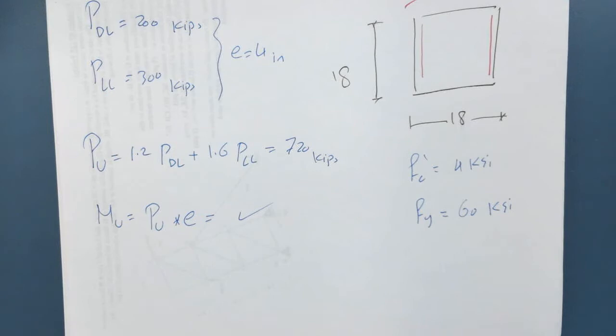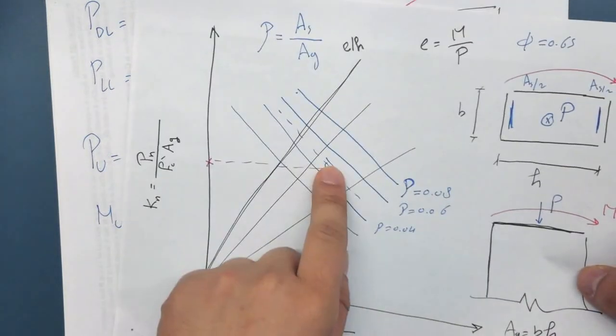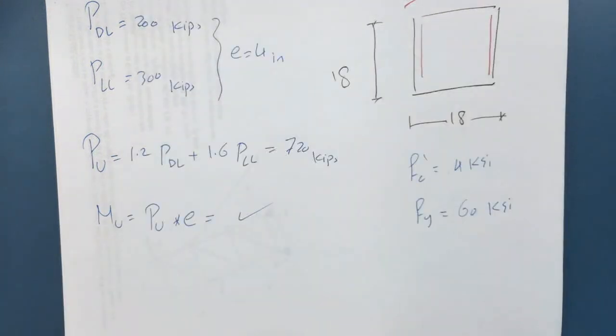And then you can intersect here, find by interpolation the value of rho, which is going to be roughly 5%. Or if you don't like this, if you want to use the traditional route, we know what is the moment, so you can calculate Rn and go up from here and find also the value of rho. So both of those are going to give you exactly the same answer.